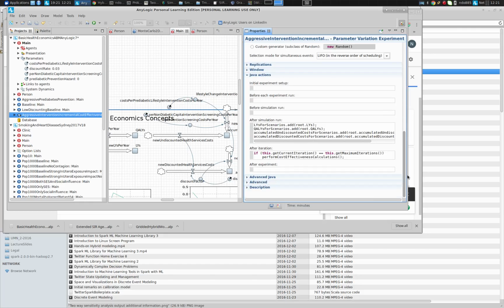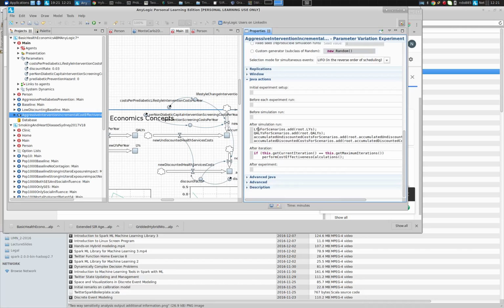And here's the place where it gets harvested. I think we have no replication being used. So here we are reading out from main the life years for scenarios and qualities for scenarios. We're reading out the costs associated with this. And then when we're done, we perform the incremental cost effectiveness calculation, looking at costs for the baseline versus costs for the intervention, and qualities lived for the baseline versus for the intervention, performing the appropriate division there.